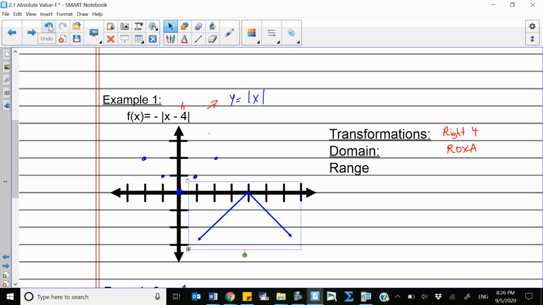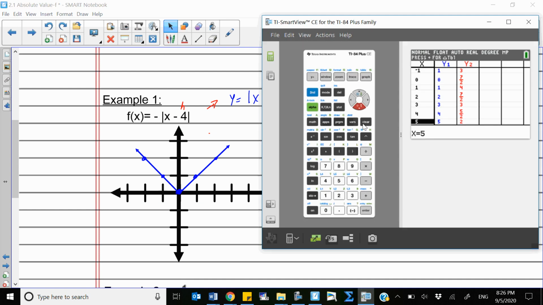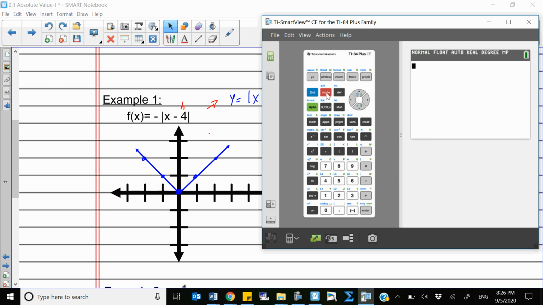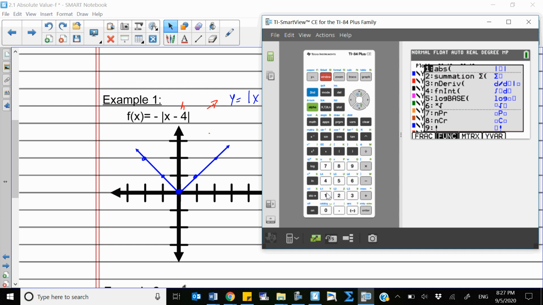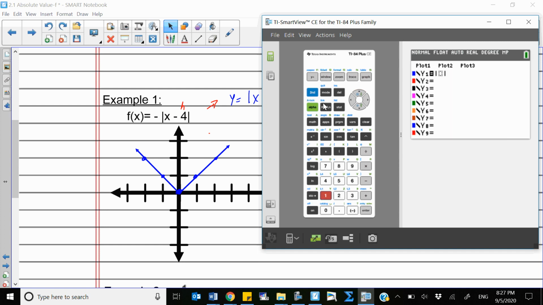So this is my prediction. I'm going to use my calculator to make sure that I'm doing all of this right. I'm going to go to y equals, and let me clear all these that I had from before. For y1, I go second window and number 1, which is absolute value of x.